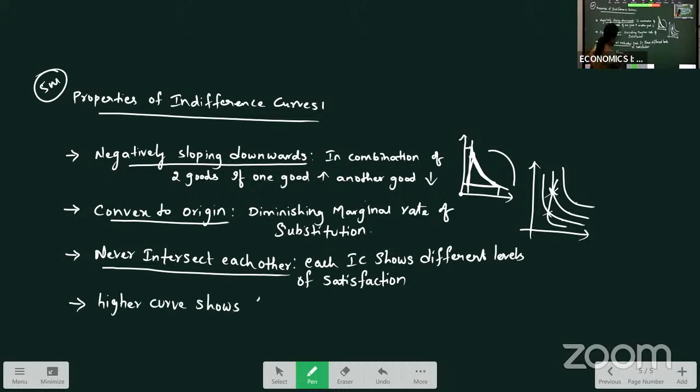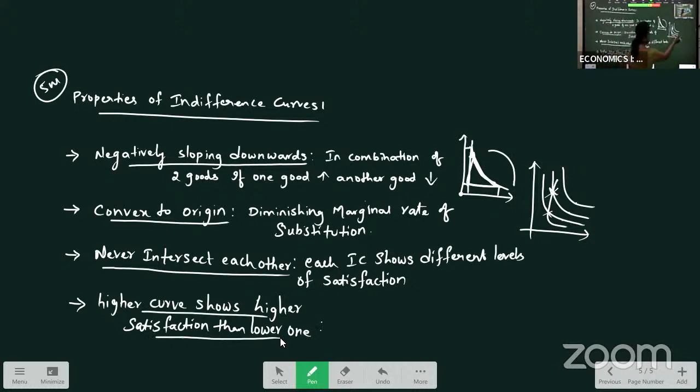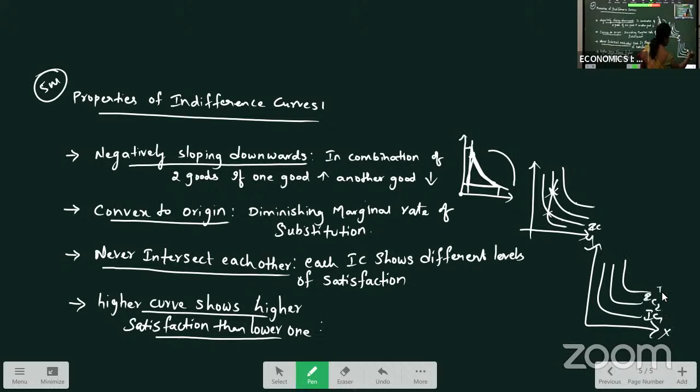Higher curve shows higher satisfaction than the lower one. Why does a higher curve show higher satisfaction than the lower one? See, in our indifference curves, we have seen here IC1, IC2, IC3.